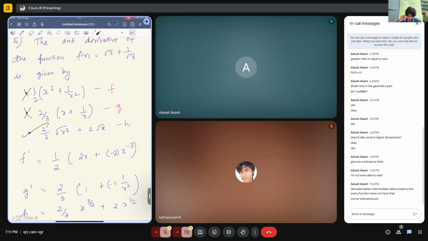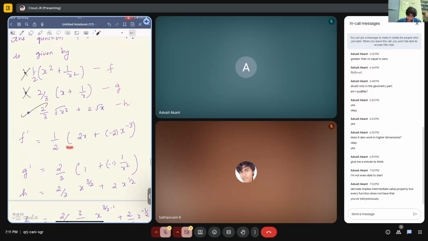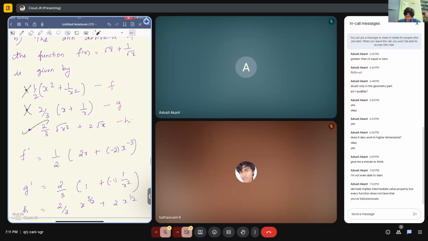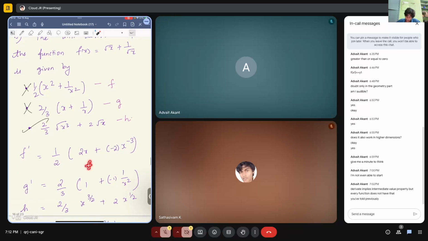By the way, I told you that this is not equal to this, but the reason is, it looks different. This will be 2x and something else. But whenever I want to say two functions are different, that means either the domain is different, or f of x is not equal to g of x.